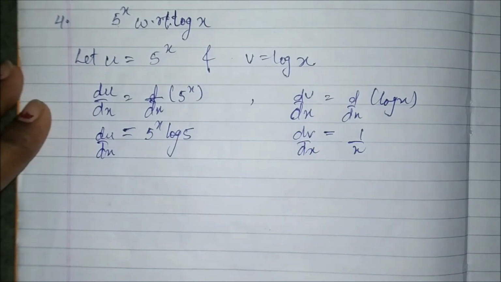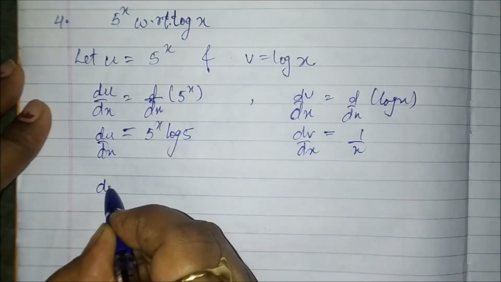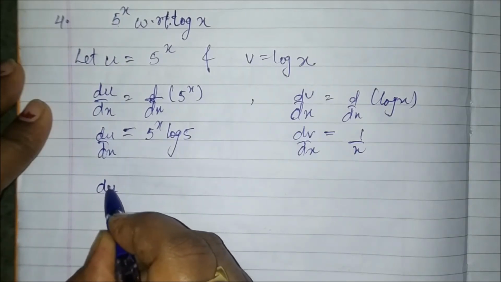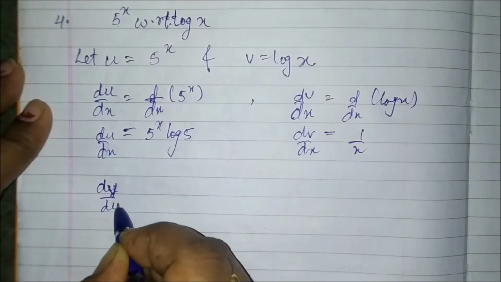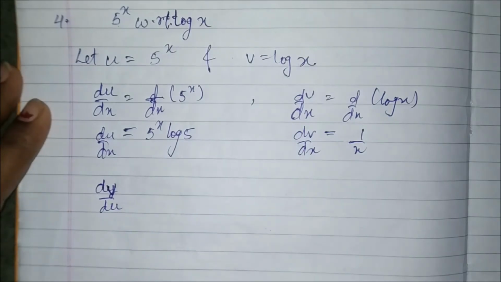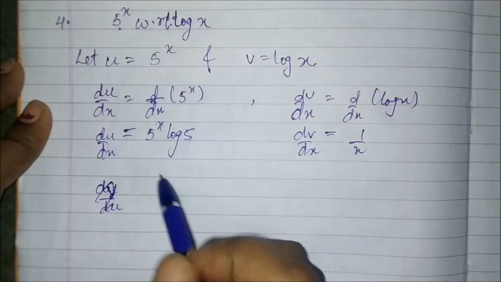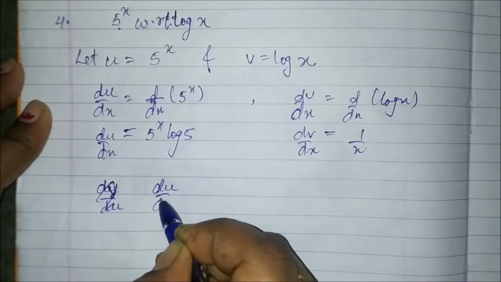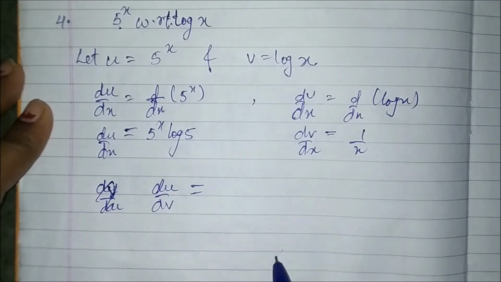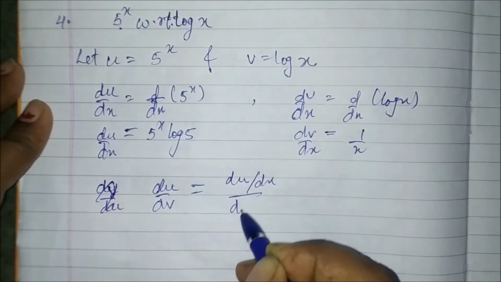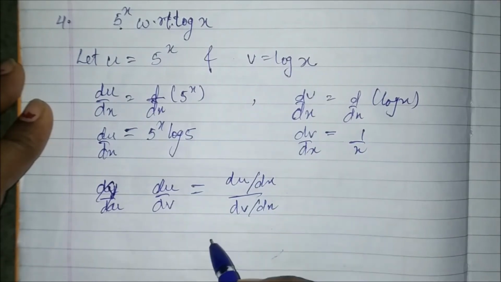Now we have to find du by dv. This will be equal to du upon dx upon dv upon dx.